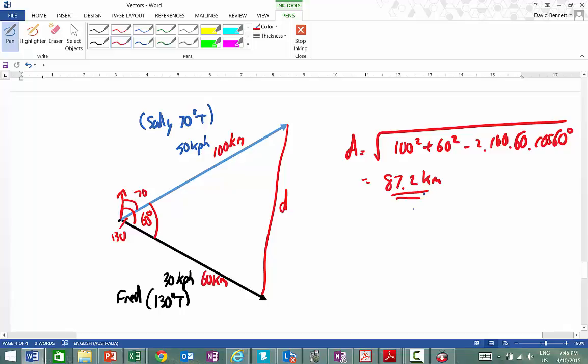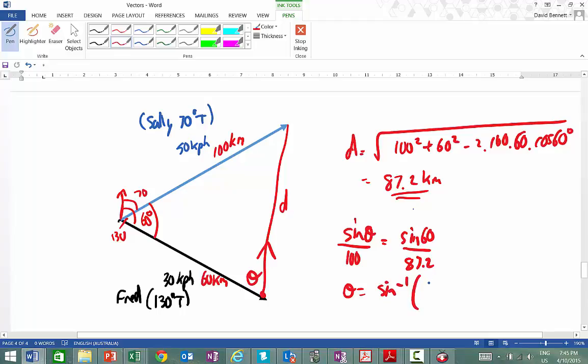The other thing I might want to know is what bearing Fred would need to travel at in order to get to Sally. That's what I need to know, wouldn't I? If I work out this angle here, again I'm using corresponding sides, so sine of theta over the corresponding side, 100 kilometres, is equal to sine of 60 over the corresponding side, 87.2, so theta becomes equal to inverse sine.